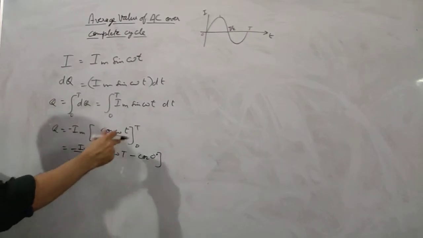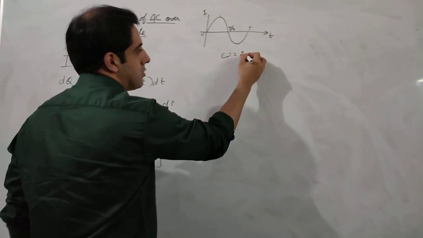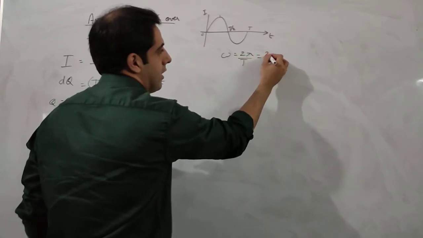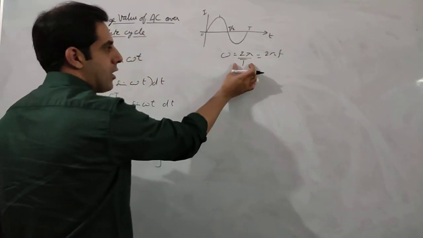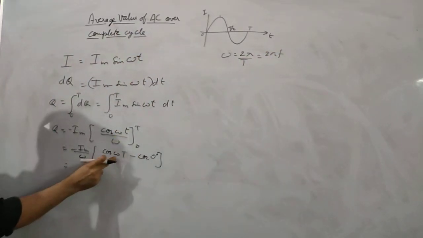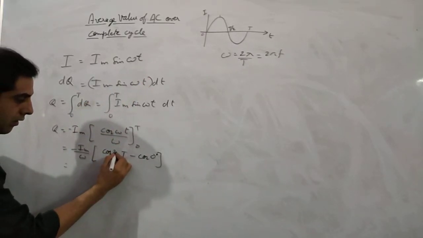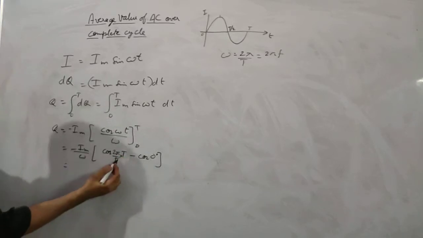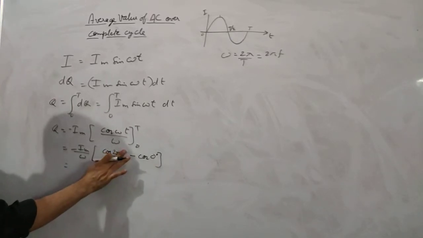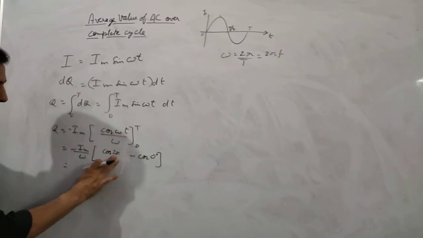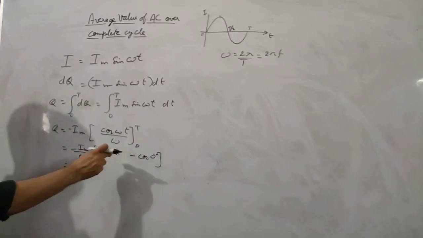Now we know that omega is also given as 2 pi by T. So we are going to use this relation. If we replace omega by 2 pi by T, then T will get cancelled, and what is left is cos 2 pi minus cos 0 degree.